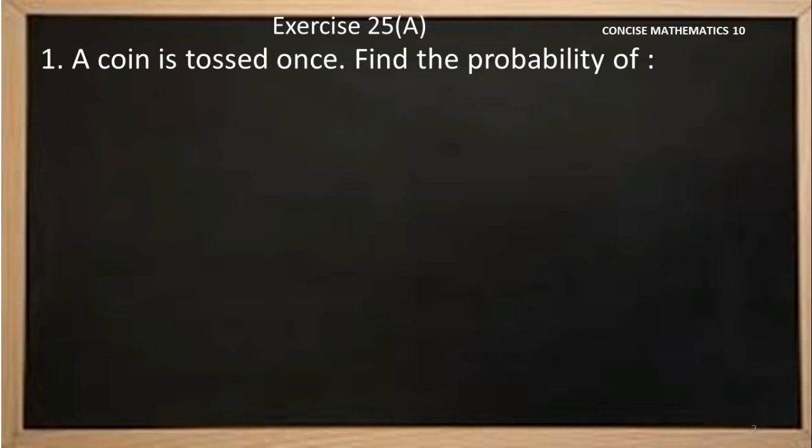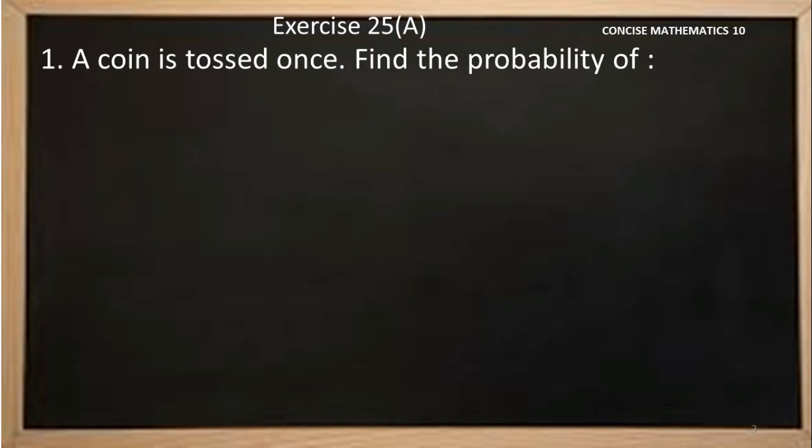So, when we are solving probability problems, the first step is to understand what an event is. Now, the experiment is a coin is tossed. So, when you toss a coin, what are the possible outcomes? When I toss a coin, either I should get head or I should get tail.